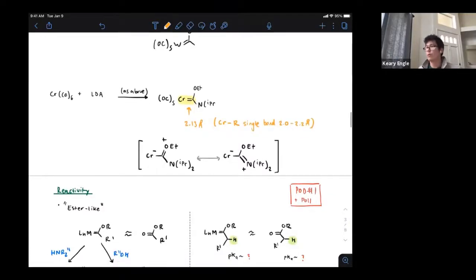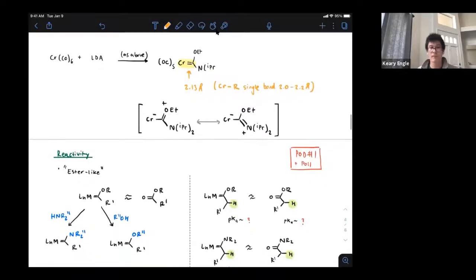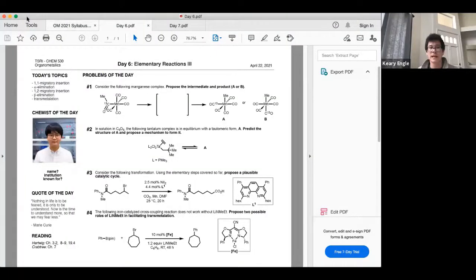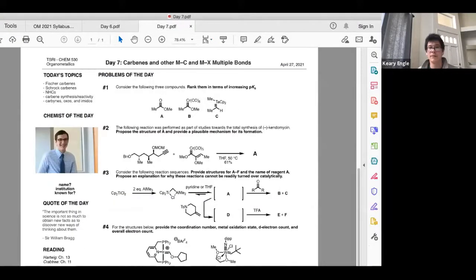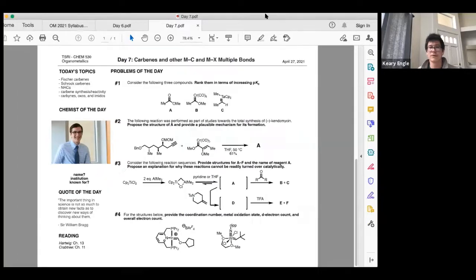Okay, so let's queue up the poll, Van. Let me share poll number 1. So I've said that Fischer carbenes are ester-like, and now we want to test either your knowledge, or if you haven't seen this before, your intuition.